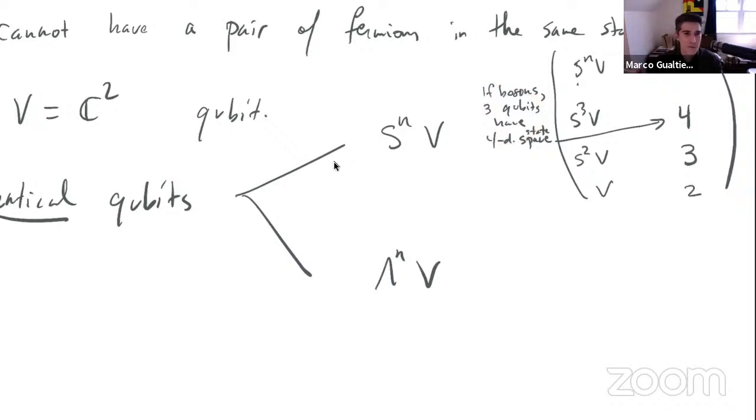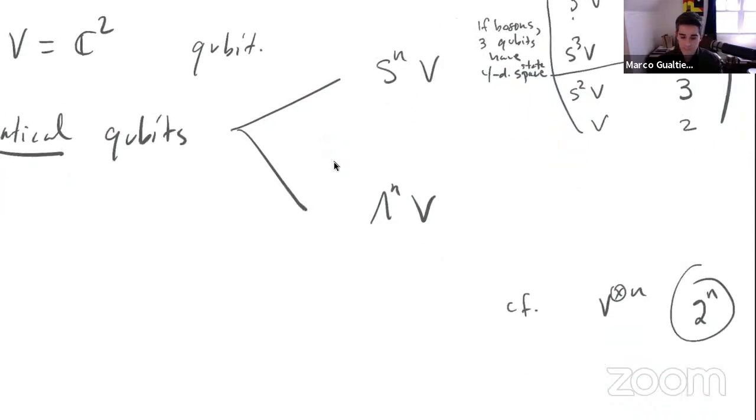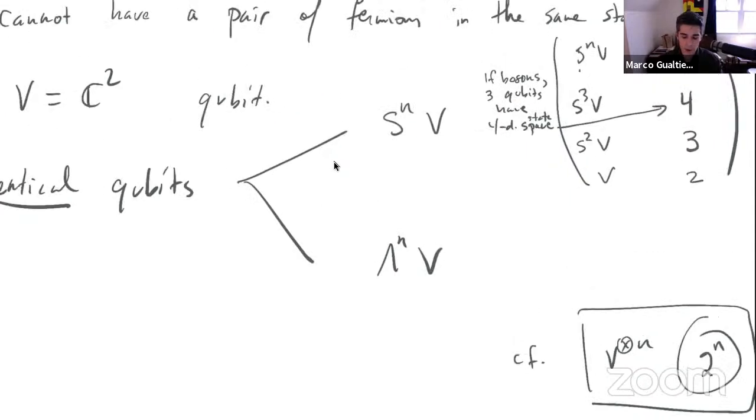That would not be sufficient for them. They need to do these amazing calculations which require 2 to the n. If you compare this with V tensor n, this would be 2^n dimensional. That's what they're exploiting. That's what you want for quantum computers.